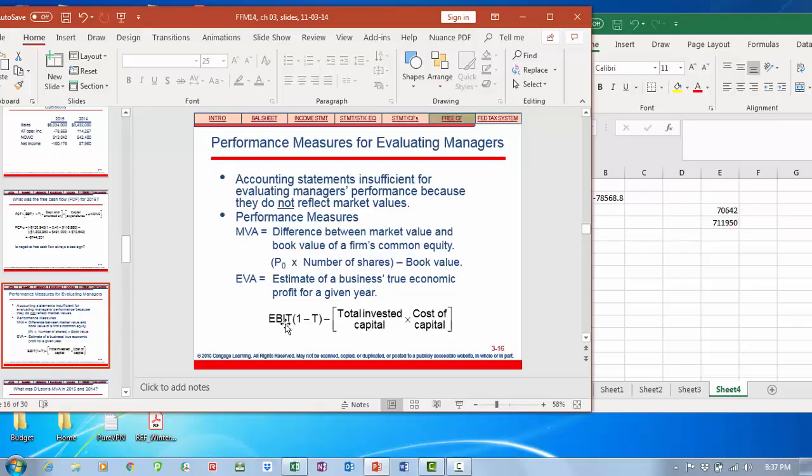That's why you have the EBIT multiplied by 1 minus the tax rate, minus total invested capital multiplied by the cost of capital. That cost of capital is going to be the interest rate. We'll talk about the concept of weighted average cost of capital, but you can simply think of it as the interest rate that you paid for the loan, because in this case the company has simply taken a loan.